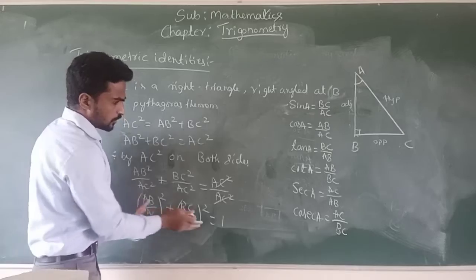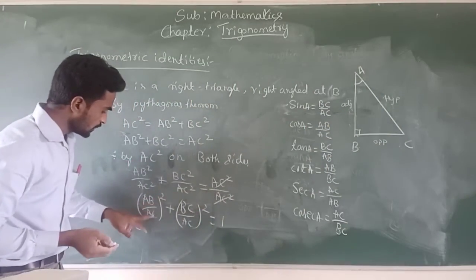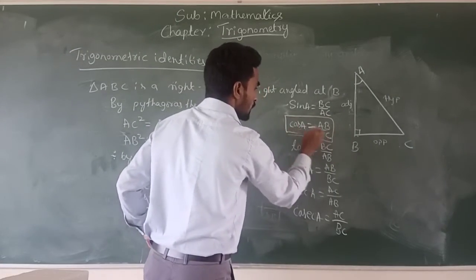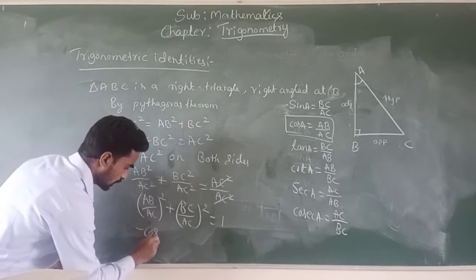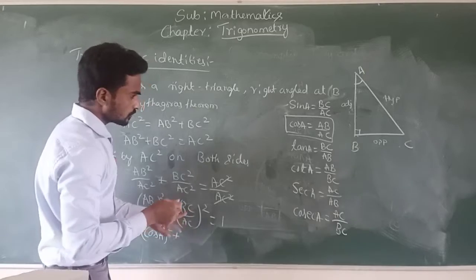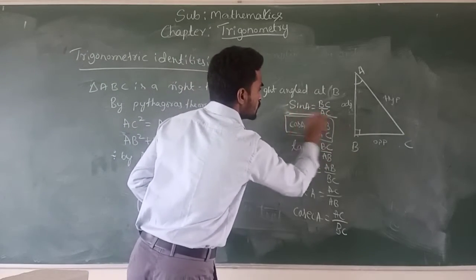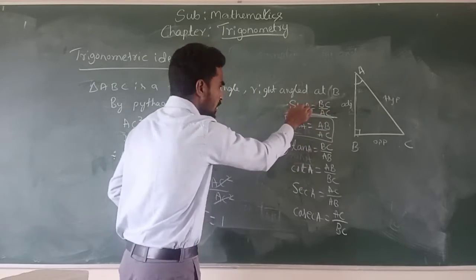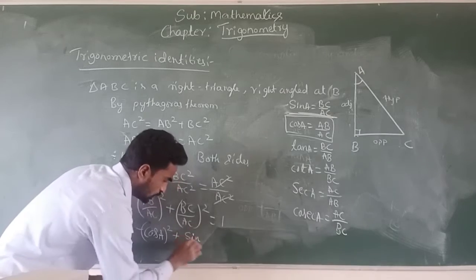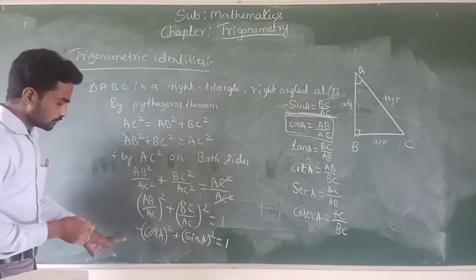Just observe this equation and these trigonometric ratios. Here AB divided by AC is there. AB divided by AC can be written as cos A, whole square, plus. Here BC divided by AC is there. That means BC divided by AC is equal to sin A. Then BC divided by AC can be denoted as sin A whole square, that is equal to 1.